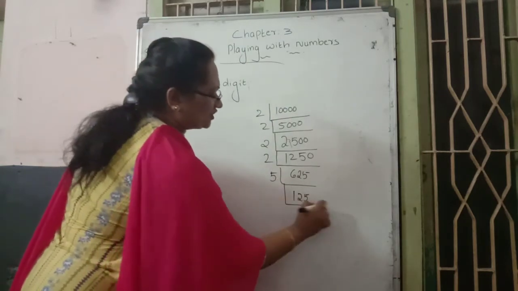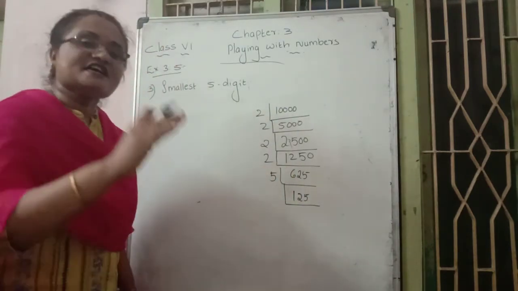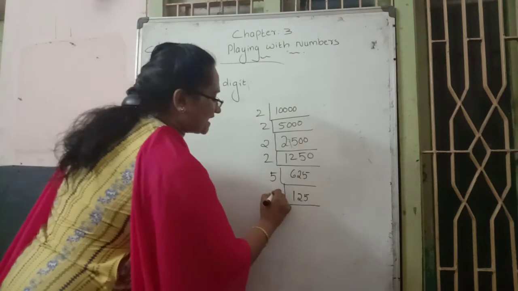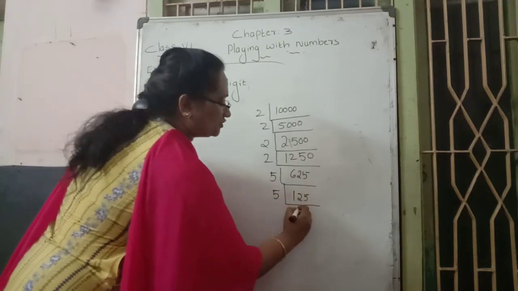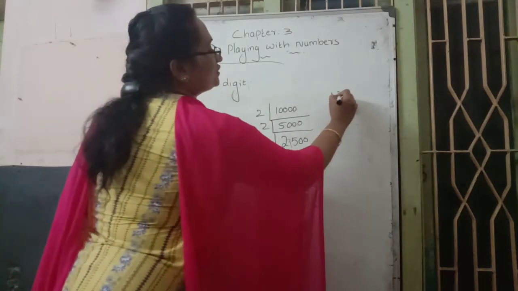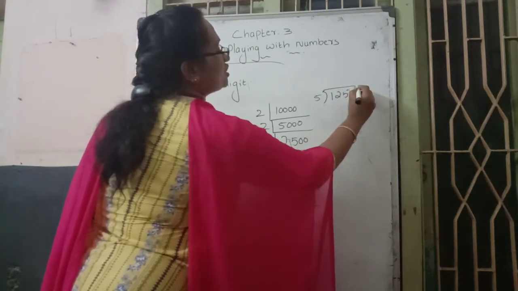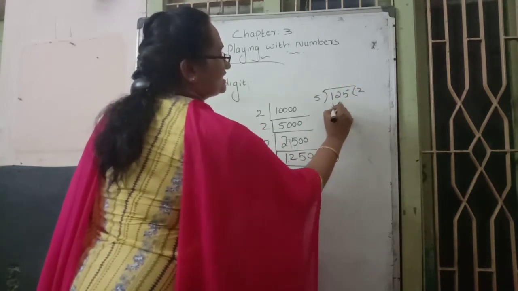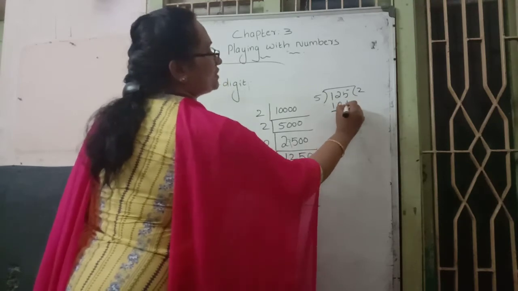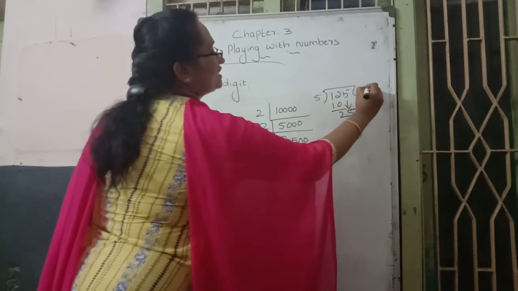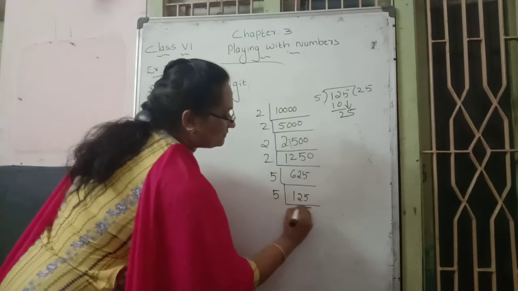Again we continue. 125, the unit place is 5. That's why we can continue with the prime number 5. So we take 125 separately and divide it with 5. 5 table 12 is 2 times, 10. Subtraction, 2. Next place number, bring down 25 means 5. So our answer becomes 25.